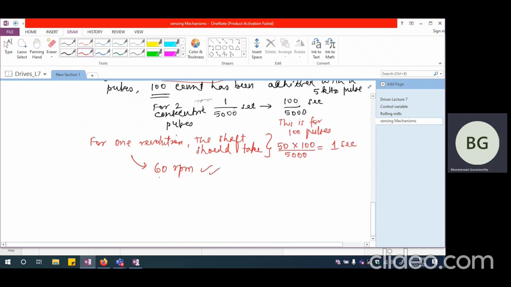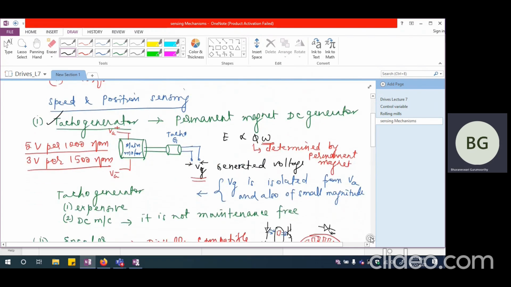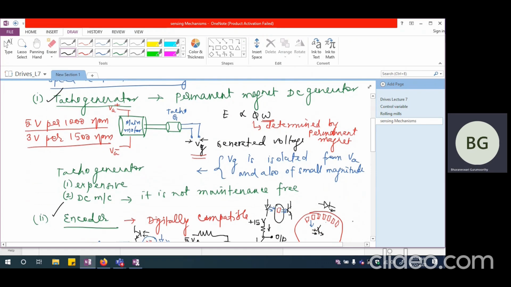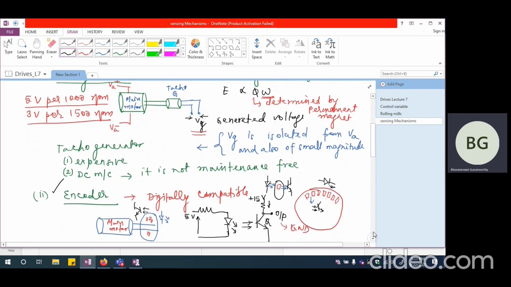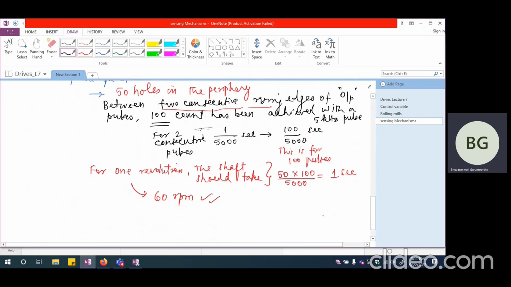The encoder mechanism, the second mechanism after the tacho generator, is quite accurate and digitally compatible, because we get the output in the form of a count of pulses, from which we can calculate directly what the speed is. So what we get as the output is a digital output because we have a counter.